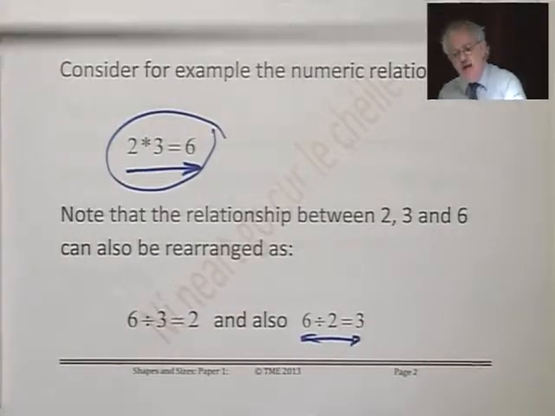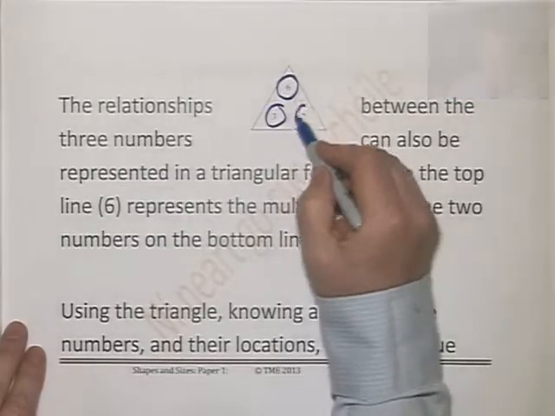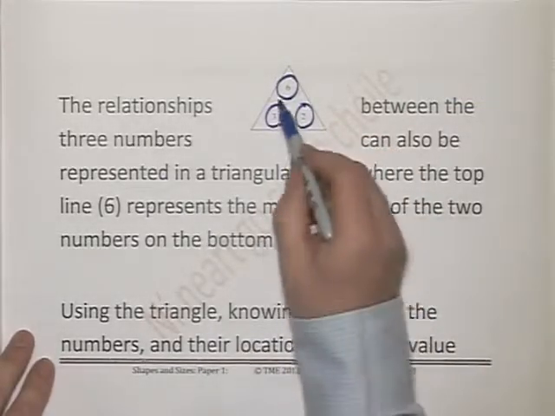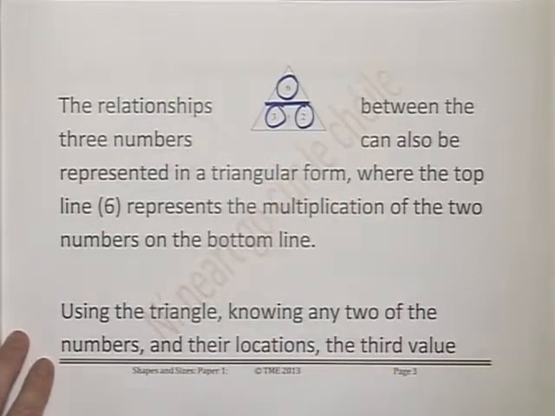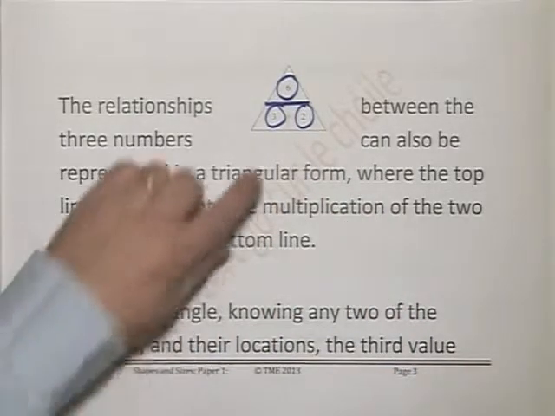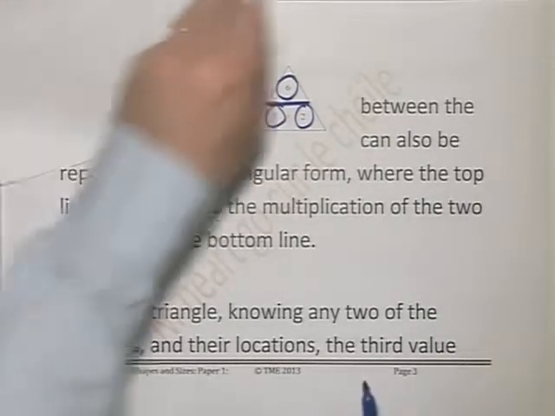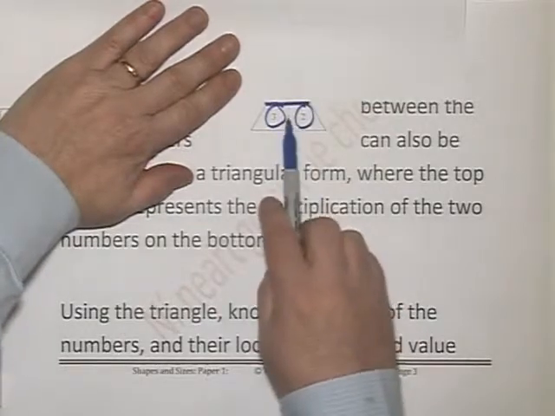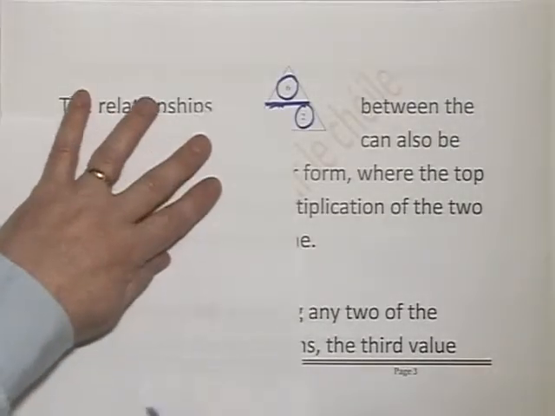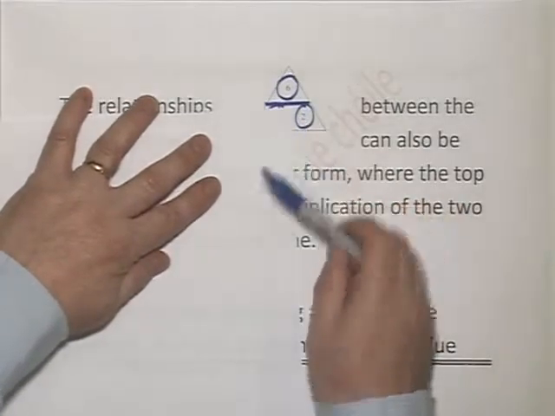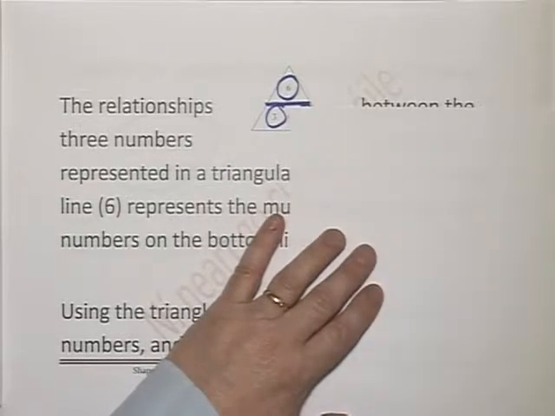So really in a form like this, you could see them like a triangle. Sometimes they use these on the physics courses and others. They put the 6 on the top, and the 6 is the product of 3 by 2. But if you were to leave out any one of these numbers, you would find that the 6 was fully defined because it's 3 times 2. If you left out this number, well, this is on the bottom, so it's 6 divided by 2 is 3. Or equally here, 6 divided by 3 is 2.